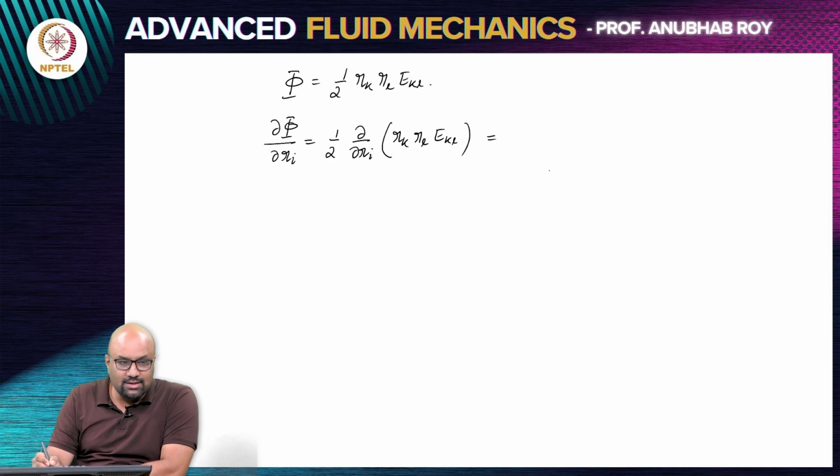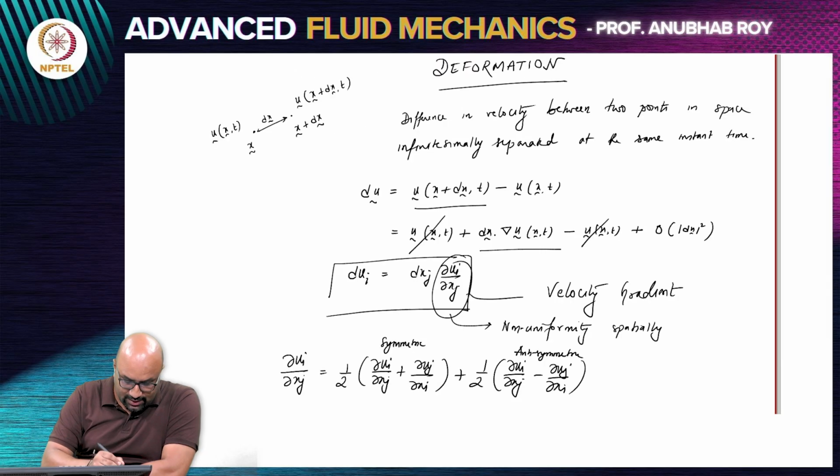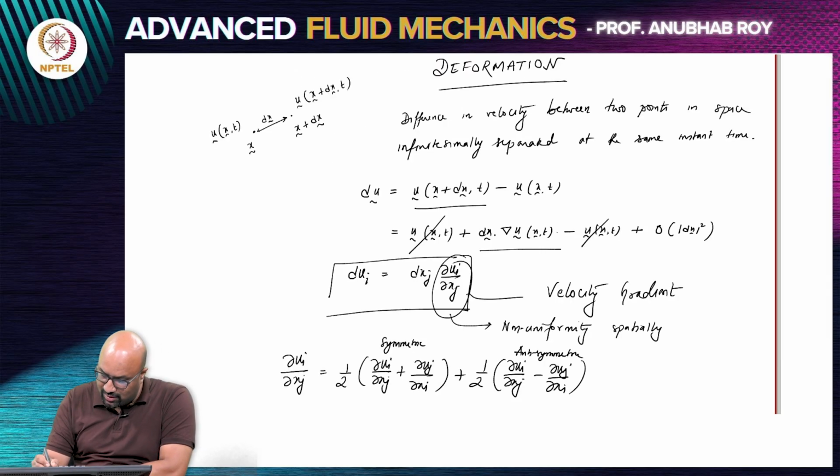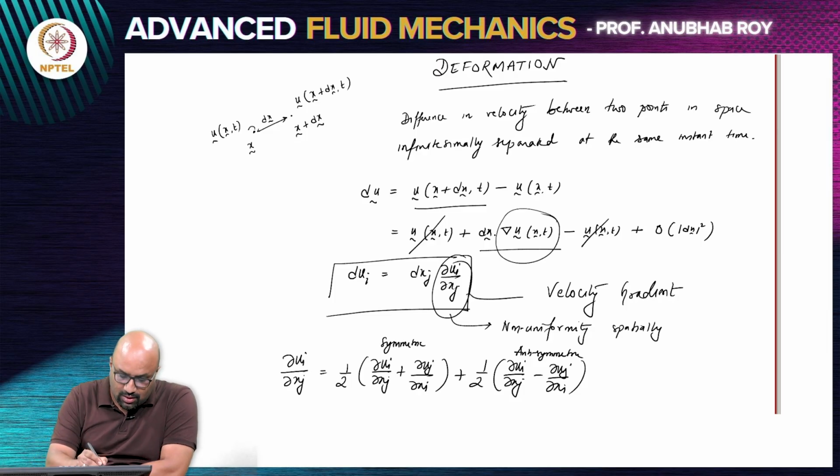Now Ekl is a constant. This object is a constant. We are doing a Taylor series expansion. Just to remind you, when we are trying to find the velocity gradient between 2 adjacent points separated by a small distance, the velocity gradient is evaluated at the point about which we are expanding.